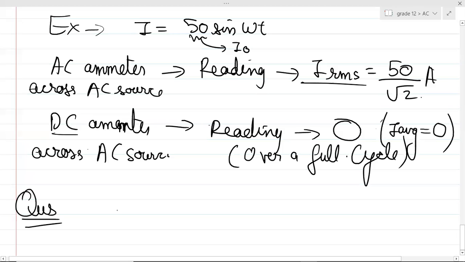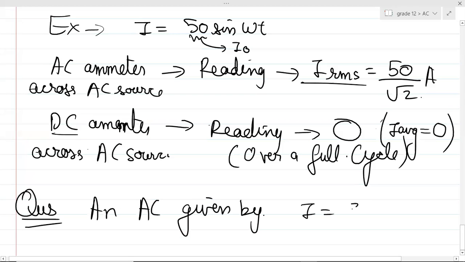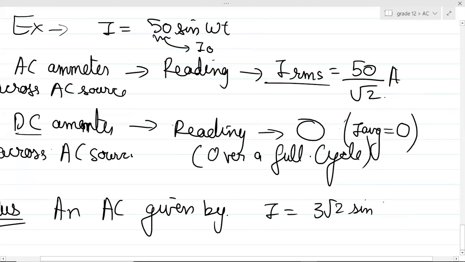Anyways, question. An alternating current is given by I equals 3 root 2 sine of (100 pi t plus pi by 4).